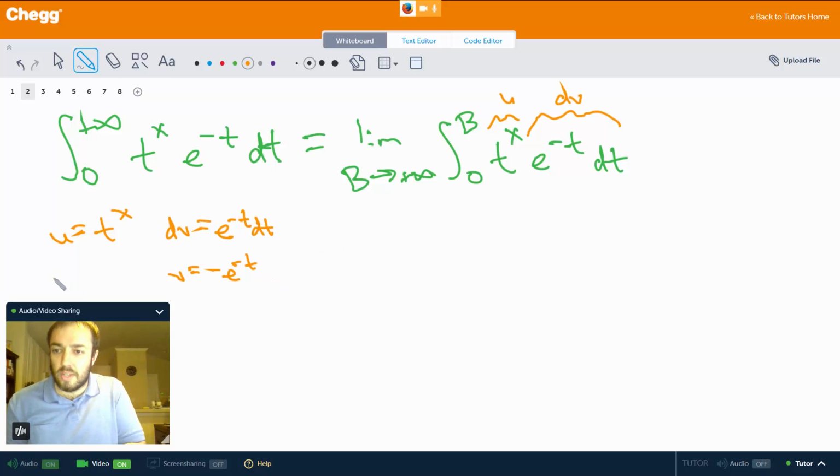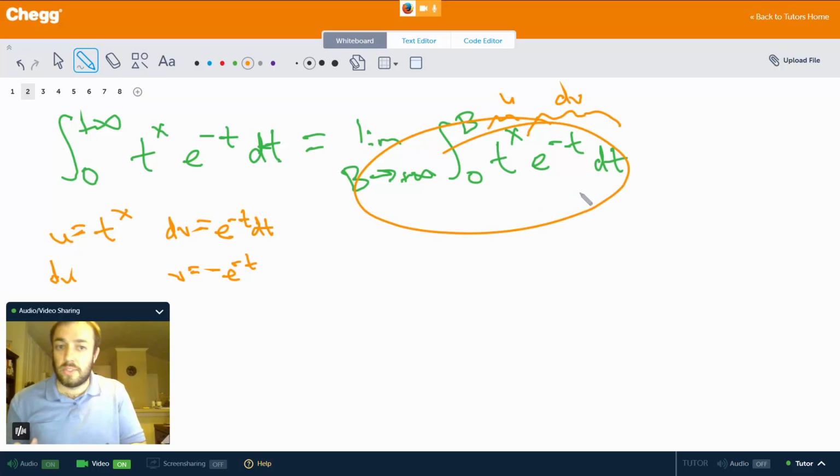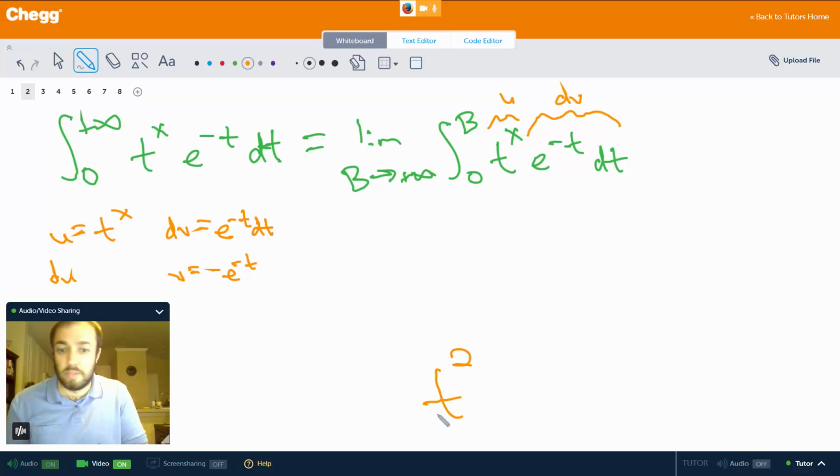So what about du? Now we have to be very careful here because in this case t is our variable and x is our constant. So as far as the integral is concerned, x is just a plain old constant because we're integrating with respect to t, because we have the dt here. So t is the variable, x is the constant. So what we have is a variable raised to a constant. So for example, like t squared, a variable raised to a constant.